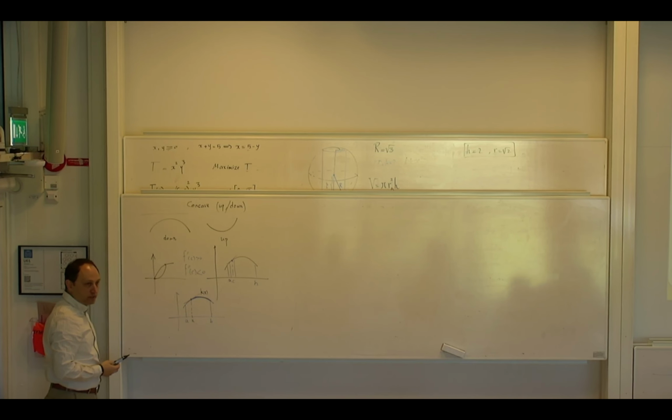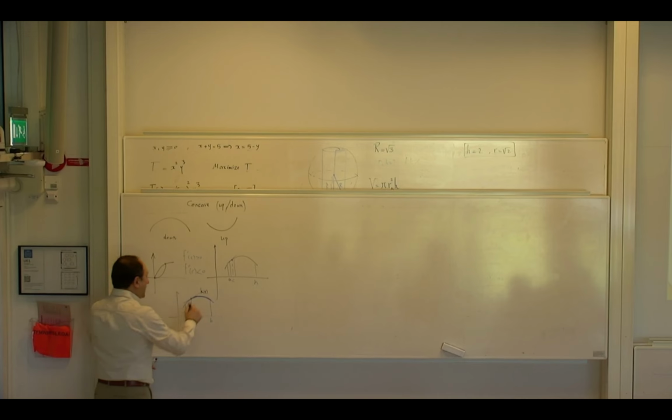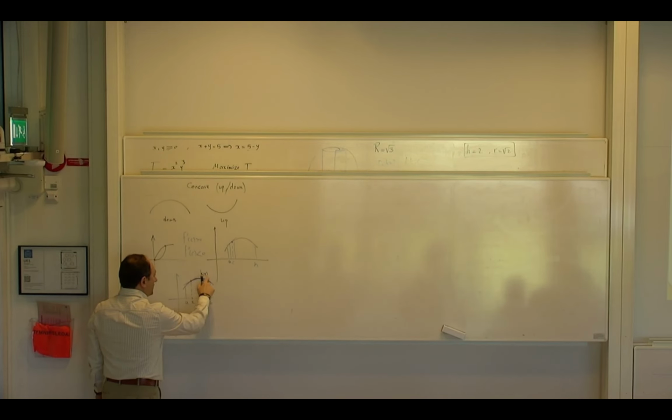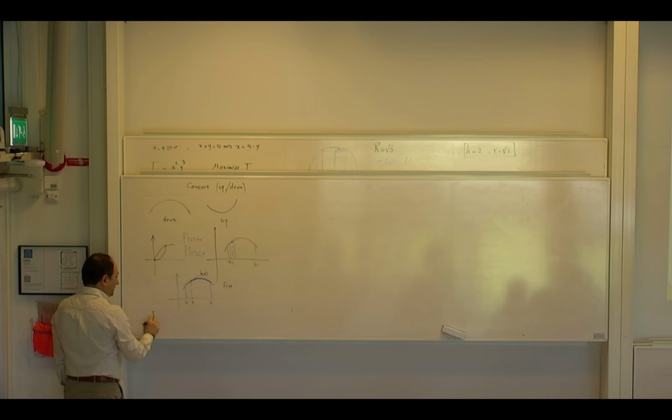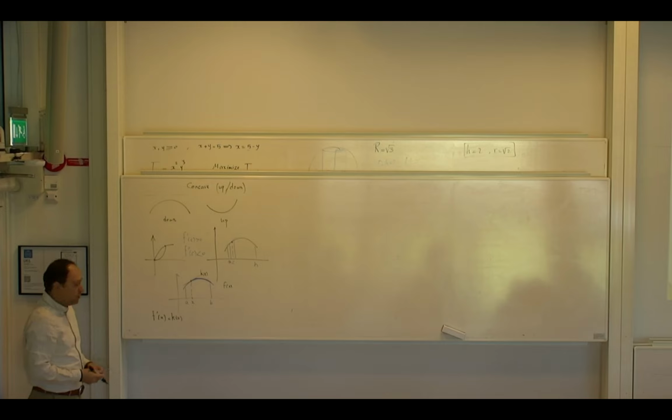Now, can you connect k of x to f of x itself? Yes, because you know that the first derivative of f at x is exactly k of x. That's the meaning of the slope.